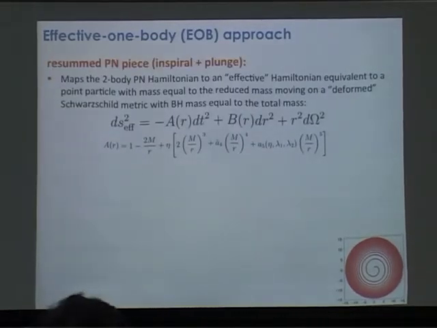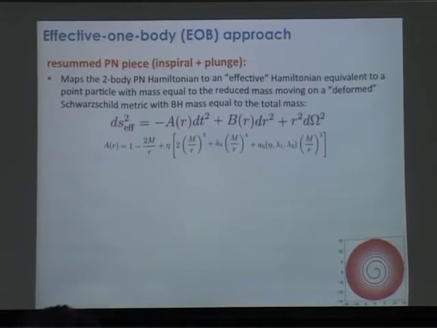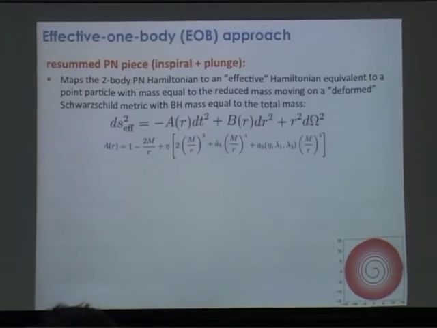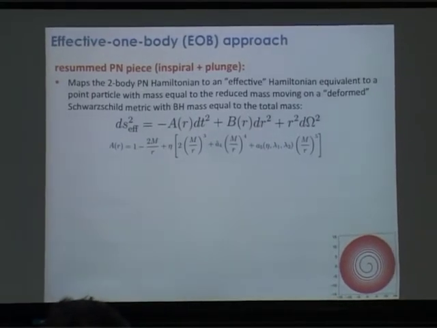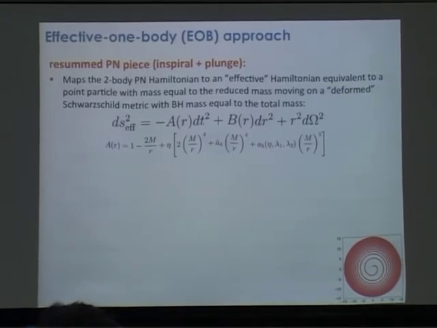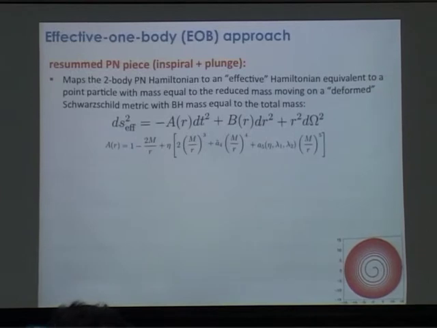So again, the key ingredient of this EOB is effectively a remapping of the two-body dynamics in the standard post-Newtonian approach. You take that Hamiltonian, and there's a way to construct an effective Hamiltonian, which is basically equivalent to the Hamiltonian of a particle with a reduced mass moving around a black hole whose mass is the total mass.